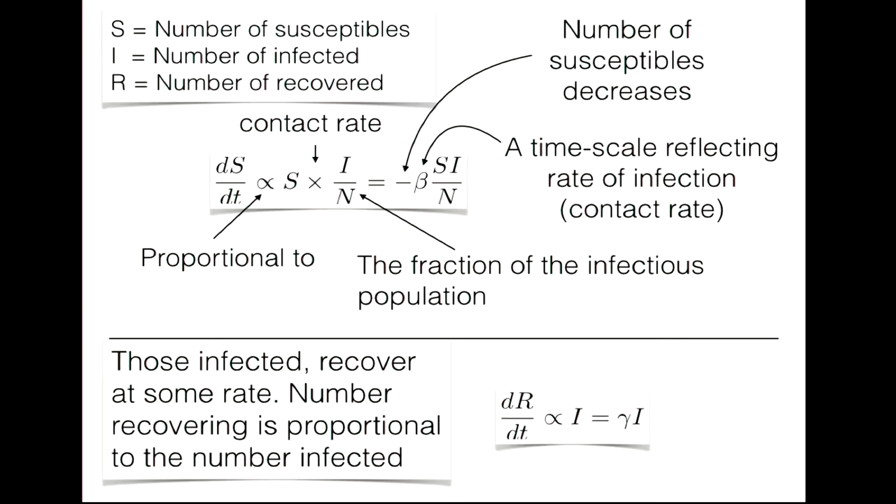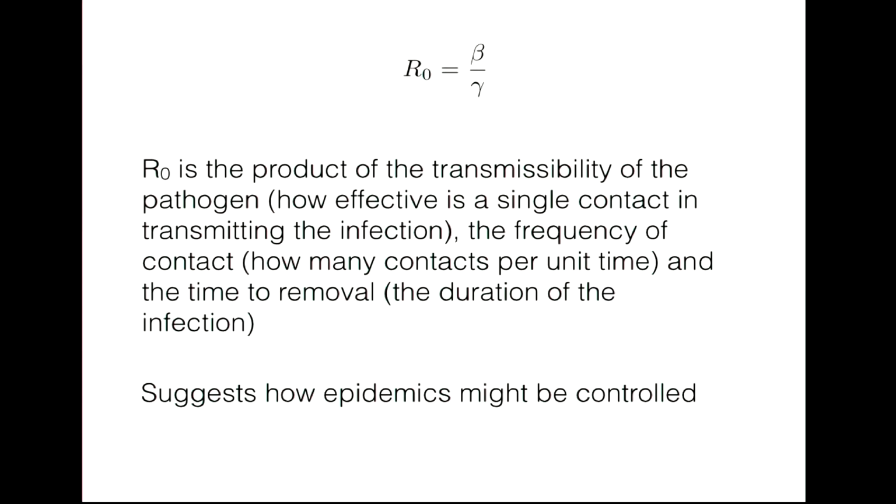So the ratio of these rates is a quantity that is dimensionless, and that, as you know already, is the core quantity defined in the theory of infectious diseases, at least at the level of the simple SIR model.